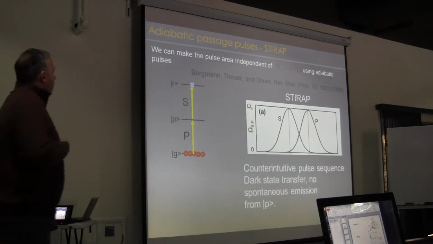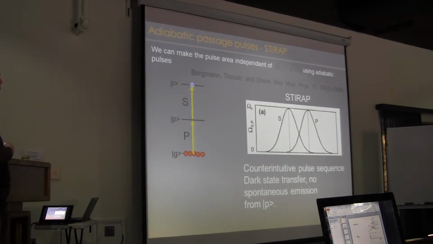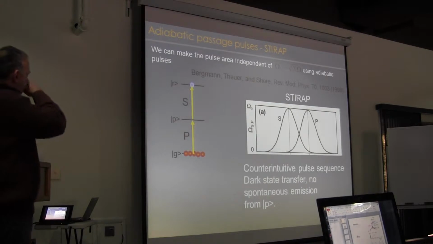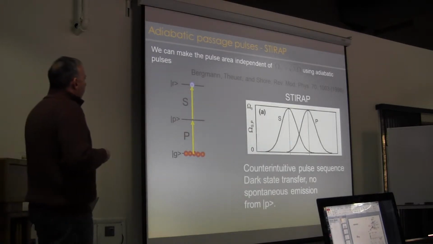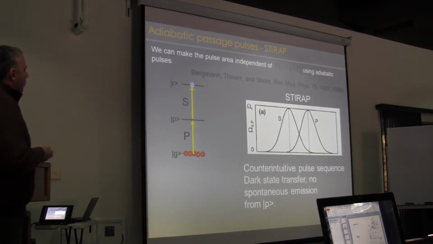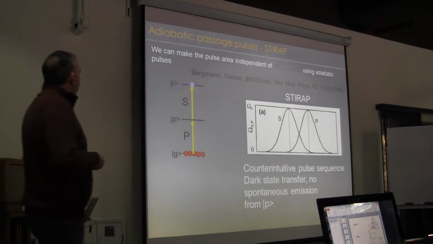Well, one possible solution is to use adiabatic passage. STIRAP, stimulated Raman adiabatic passage, is a very well-known technique in atomic physics. There's a lot of literature on this. One very good review article is this work by Bergmann et al. from 1998.